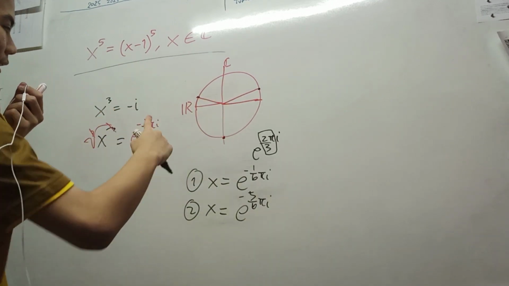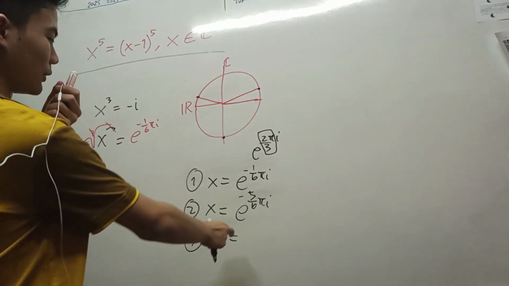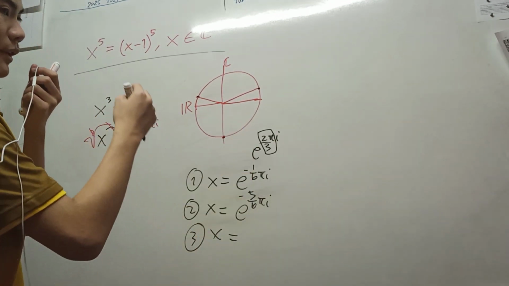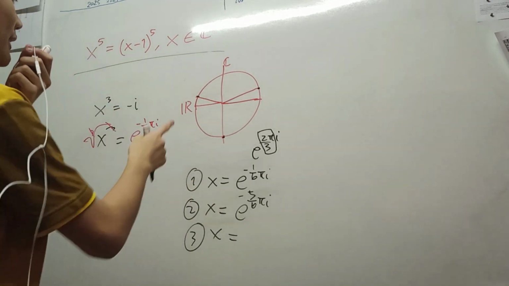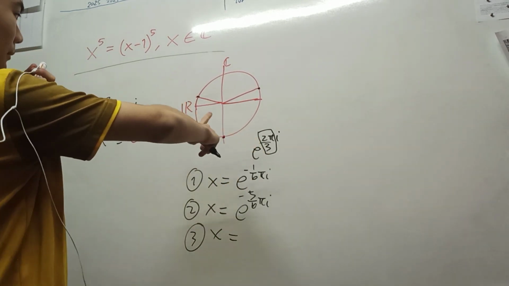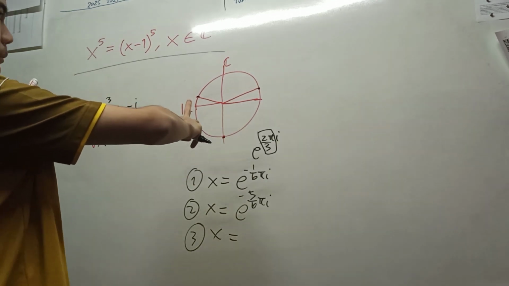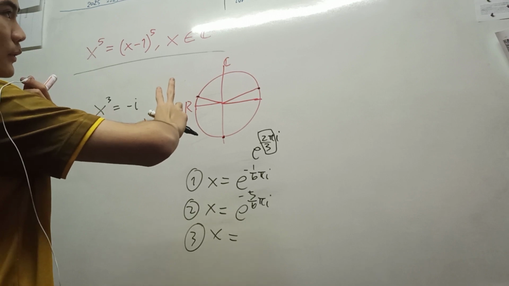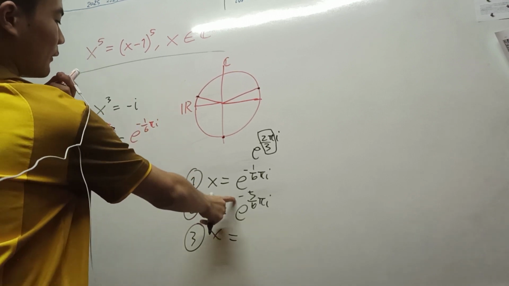And now for the last slice, we just have to rotate it one more time, which is 3. So x is equal to, and then subtracted by 2 over 3, which is 4 over 6. So we have minus 9 over 6 pi. But as I said, if it goes there, what we can do is just subtract it from 2 pi. And then because this time it's negative, we have to make it positive.